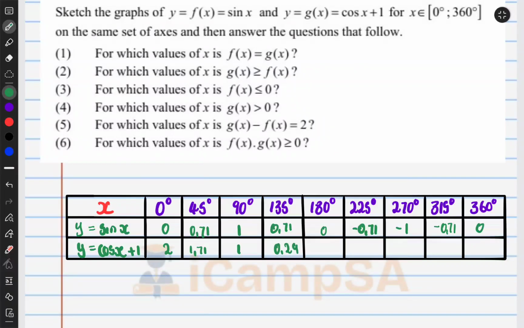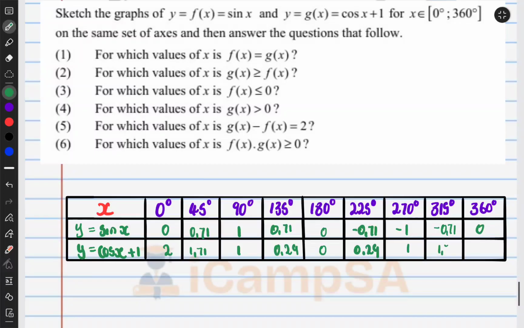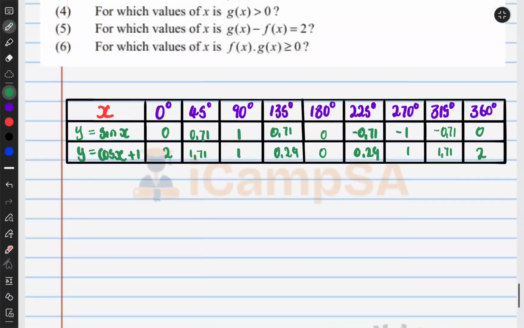Cos of 180 plus 1 is 0. Cos of 225 plus 1 is 0.29. Cos of 270 plus 1 is 1, and 315 is 1.71, and then 360 is 2.